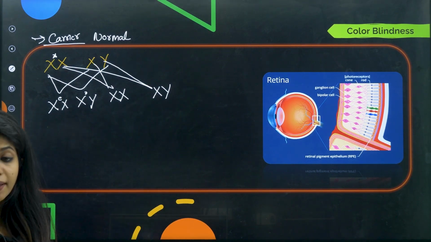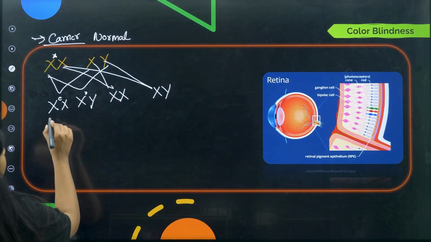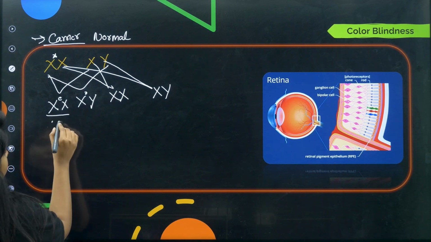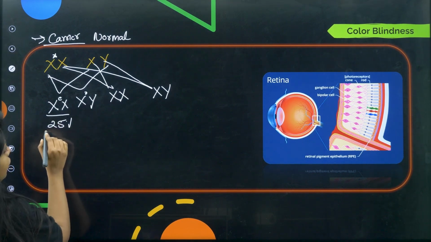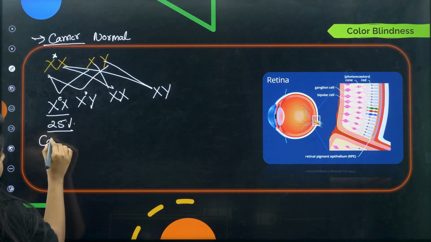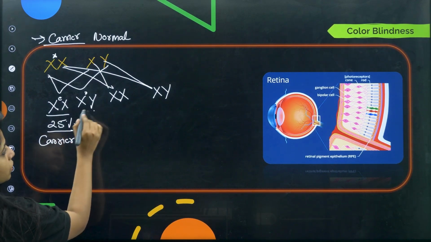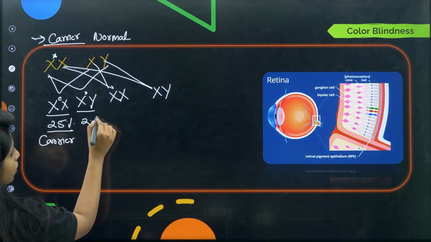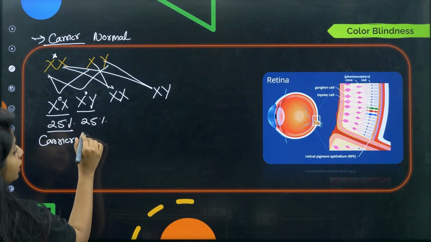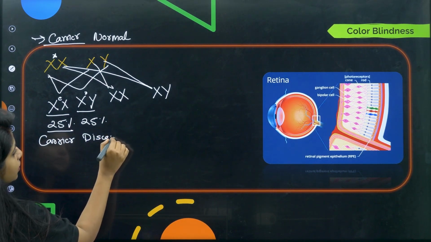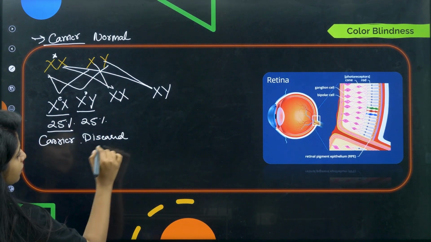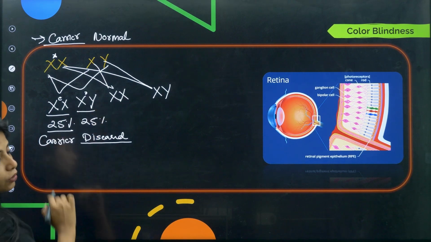So in this, I am able to see that 25% chance is there for the female to be a carrier. 25% chance is there for the male to be diseased. That person can have the disease because there is no one to dominate, right?